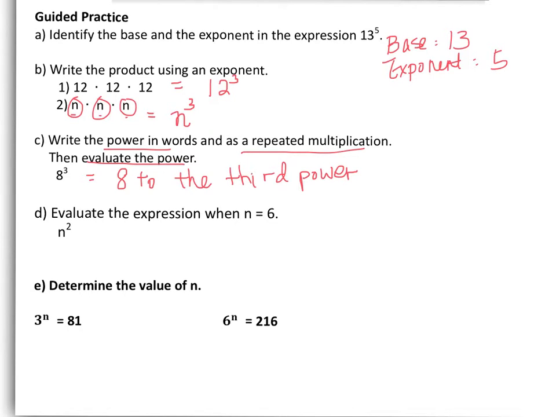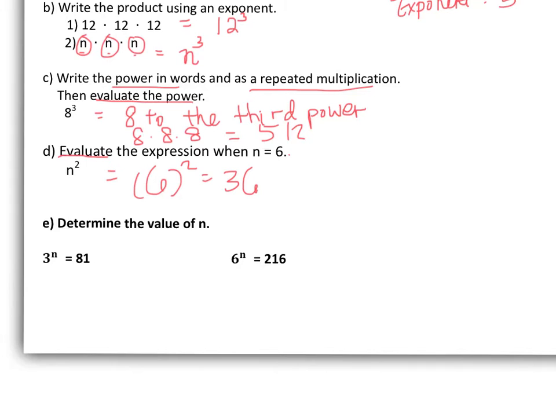Repeated multiplication would be 8 times 8 times 8 times 8. And to evaluate the power, all we have to do is multiply everything to get 512. Part D, evaluate the expression when n equals 6. So when you're evaluating, you need to substitute 6 for the n. So it'll be 36.